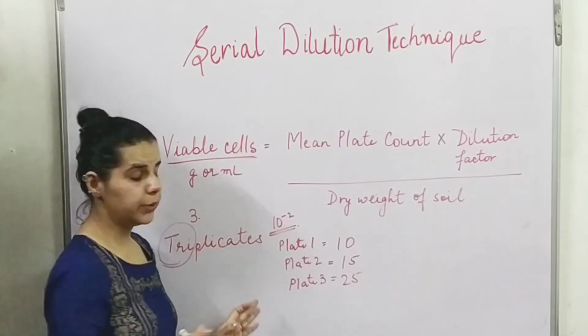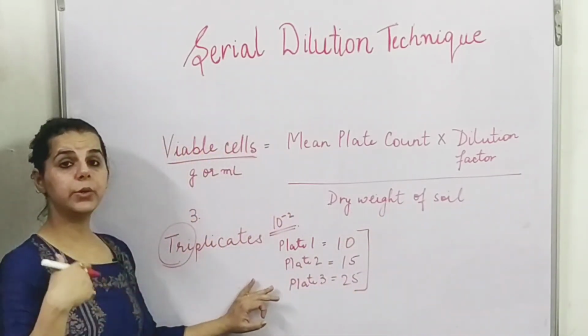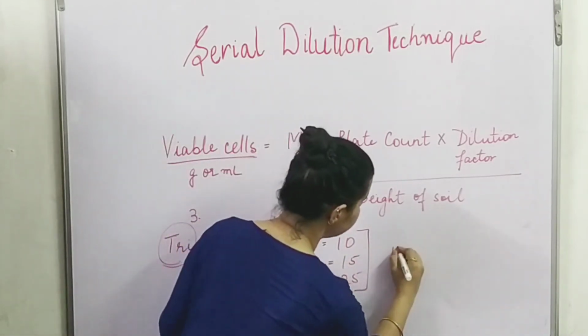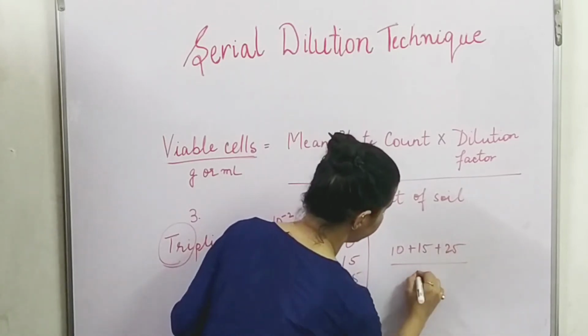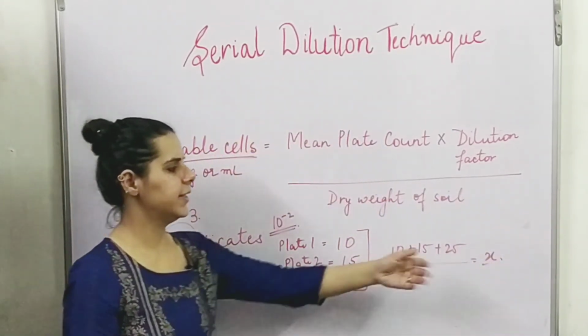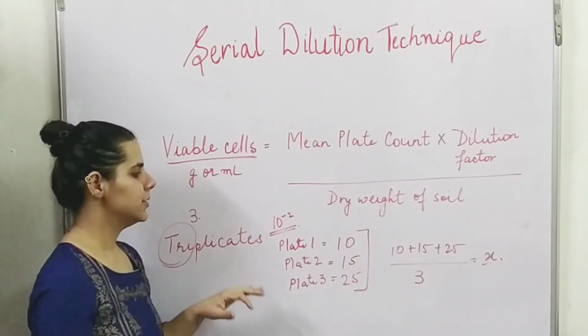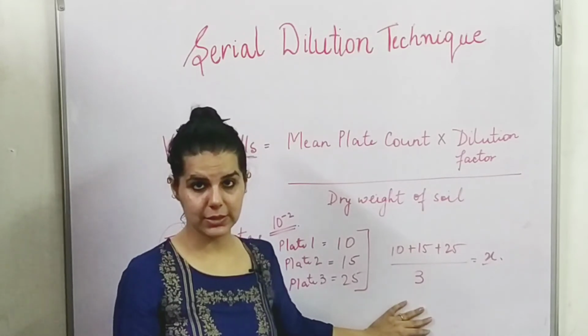So you are going to add all these and take the mean of this. So 10 plus 15 plus 25 divided by 3 will give you the mean, let's say x.